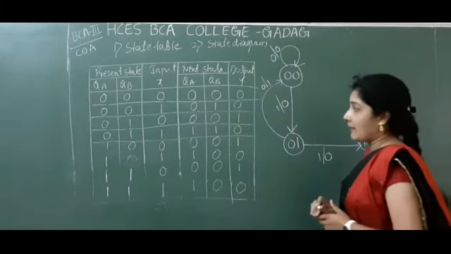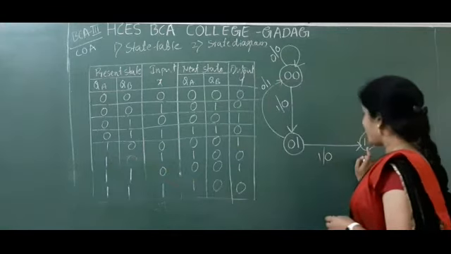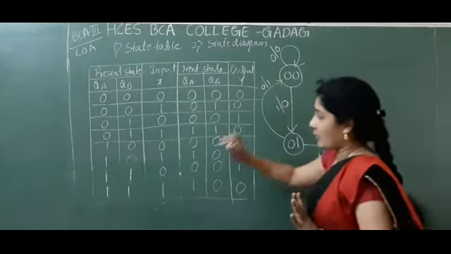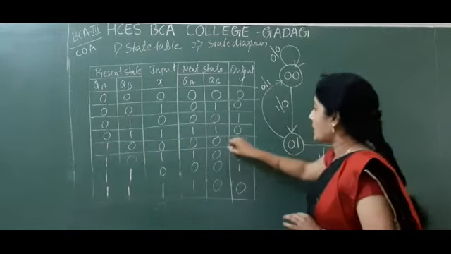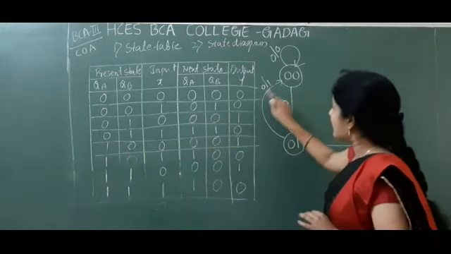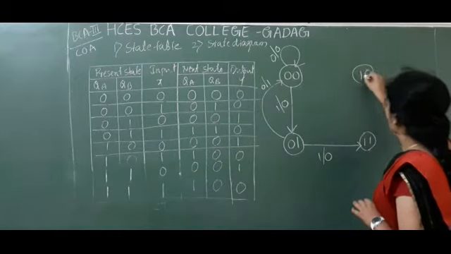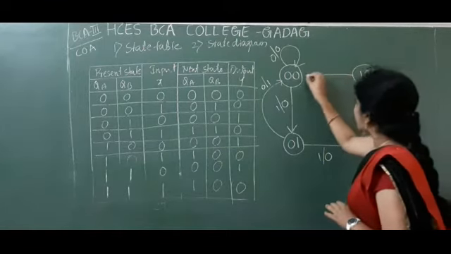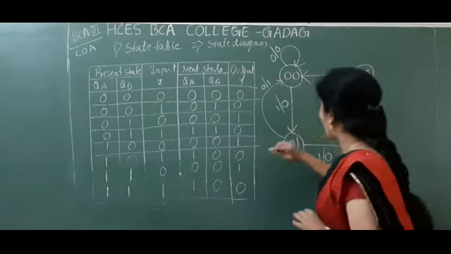Very simple. Next, for the 1 0 present state we have to come here. Okay, 1 0 is not there, so let us make the present state 1 0 here. 1 0 to 0 0 with input 0, output 1.